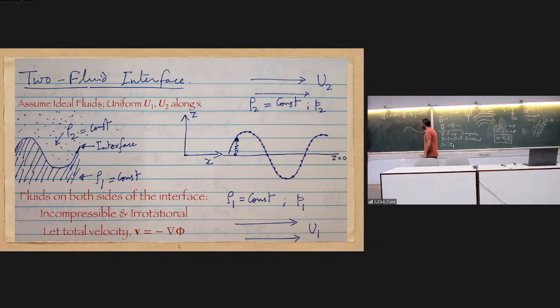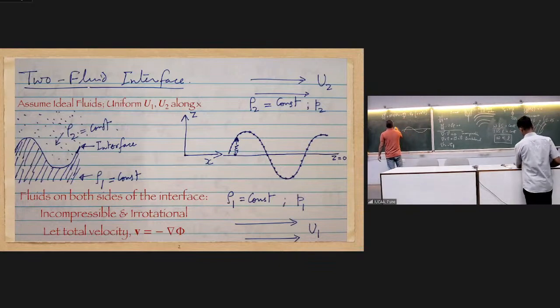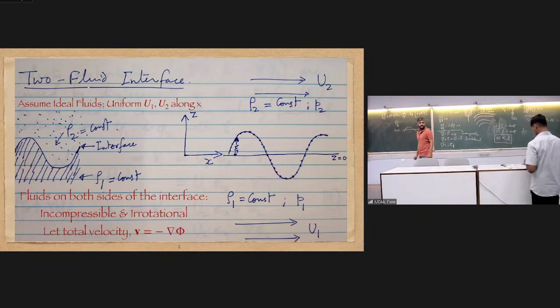You think of a surface which is at z equal to 0, with gravity pointing downward, g equal to minus g z. You can imagine this as the ocean.